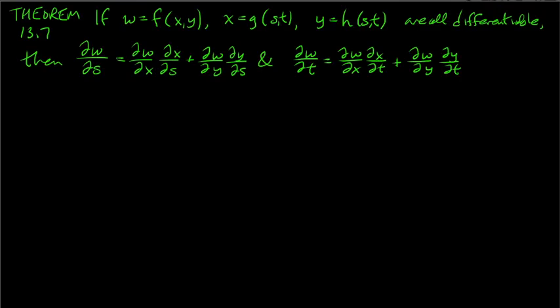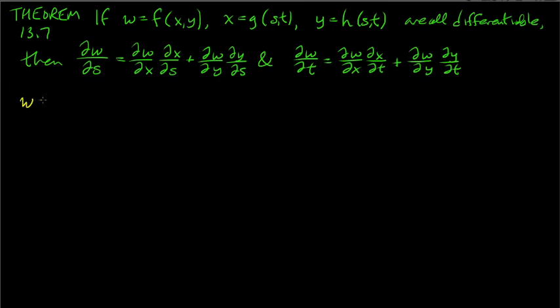Okay, so here's another chain rule. Again, w is a function of x and y, but now x and y depend on two parameters, s and t. Right? So suppose all three of these functions are differentiable, then you have two derivatives of w: the partial of w with respect to s, and the partial of w with respect to t.